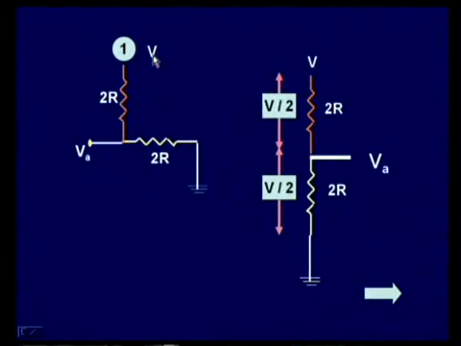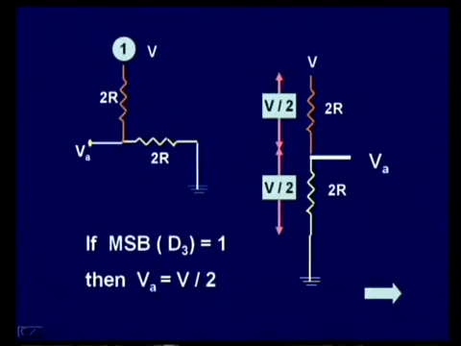Suppose that some 10 volts or 15 volts of V is applied. If this is the potential divider arrangement, what voltage do you expect at this analog value VA? It must be half of this, because these two are equal resistors over which this voltage will be divided. Hence, the analog value will be equal to V by 2 if the most significant bit is 1.